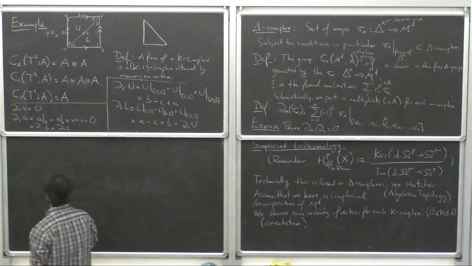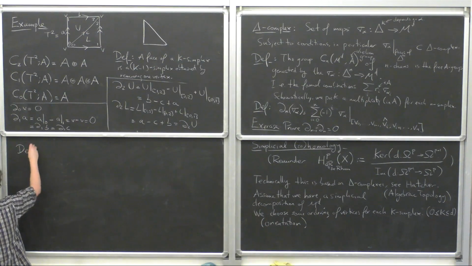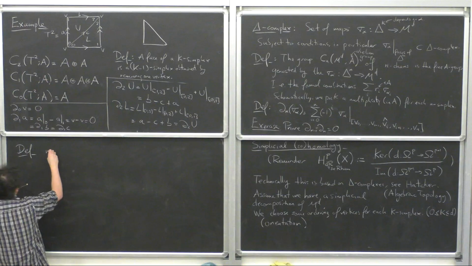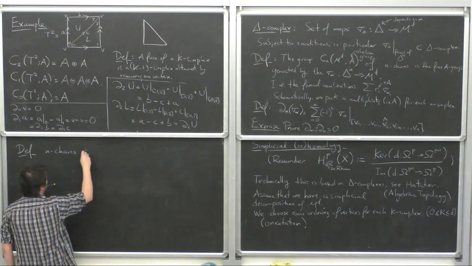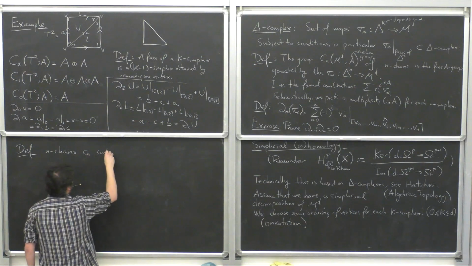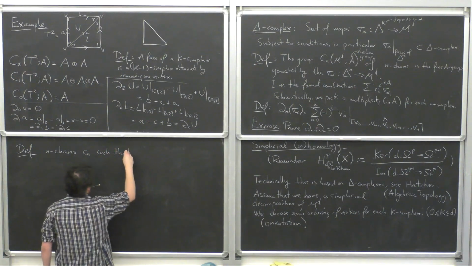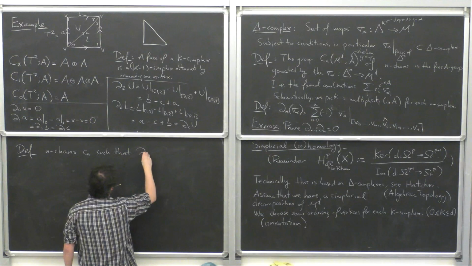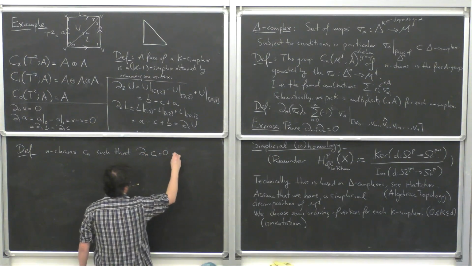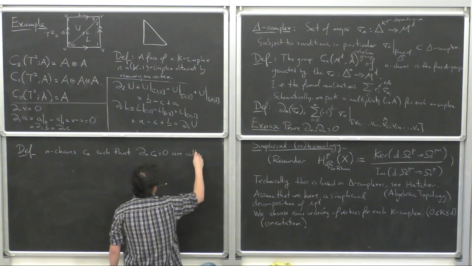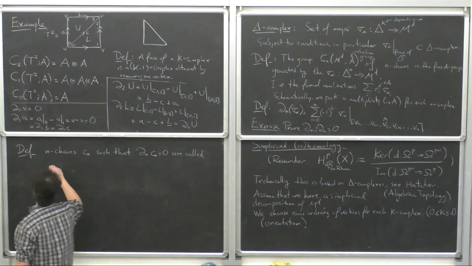Okay, more definitions. N chains Cn such that those that don't have a boundary are called N cycles.